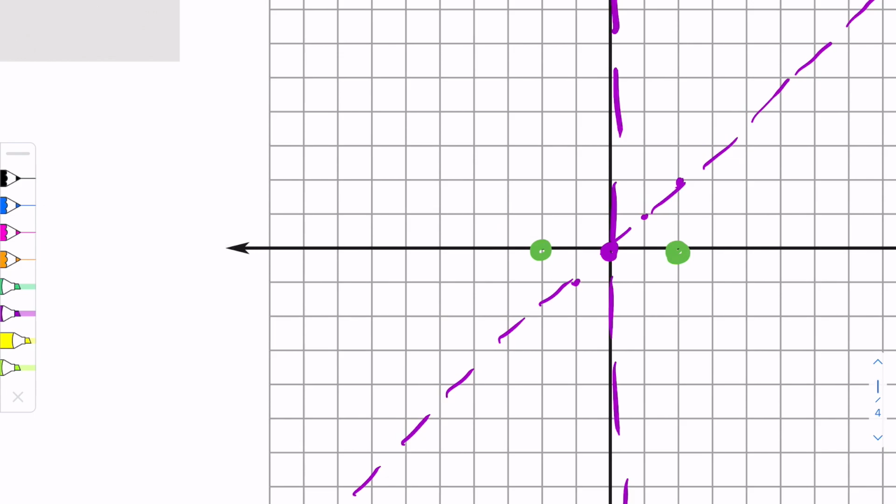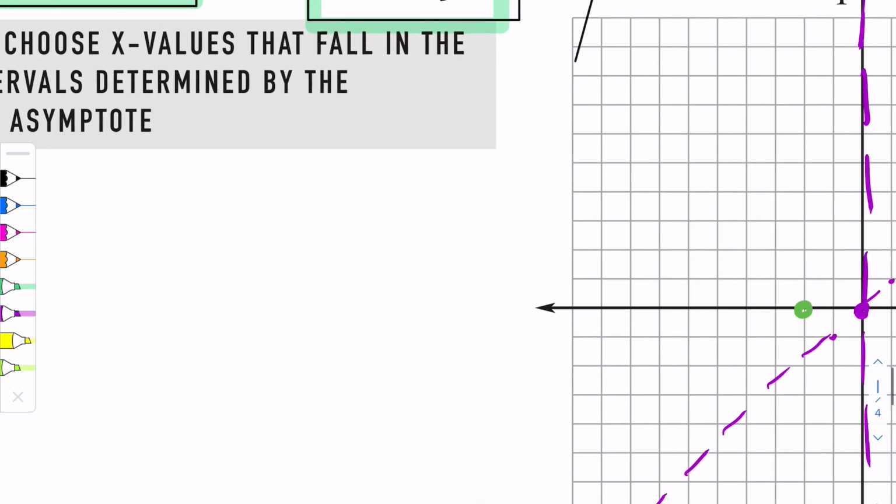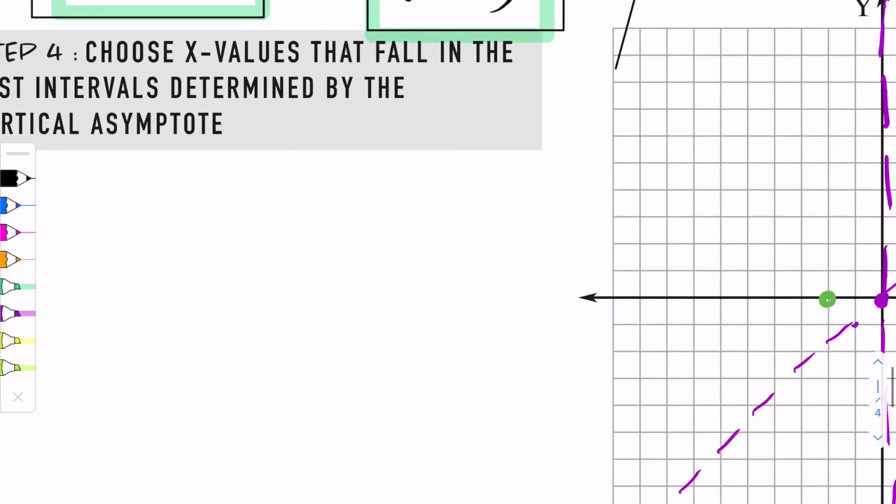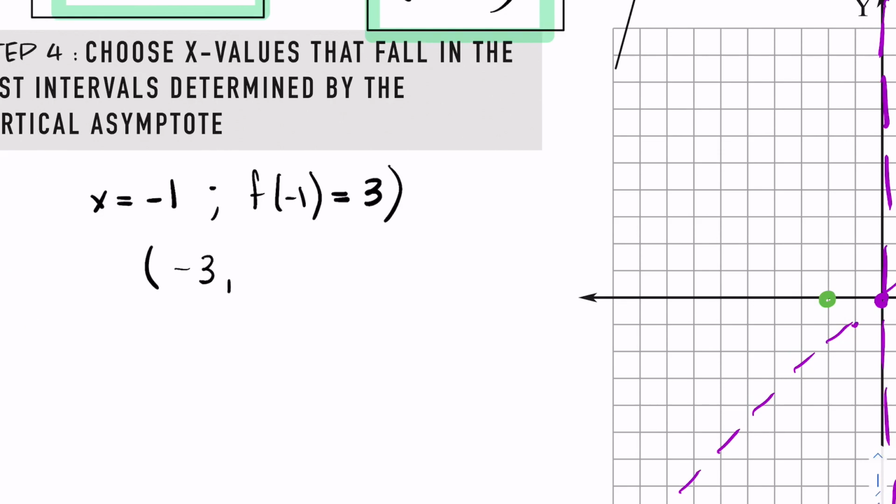So I already tested these values just so that we could save some time. So let's test when x is equal to -1. If this is the case, your output, f of -1, is equal to 3. So this would give you an ordered pair at (-1, 3).